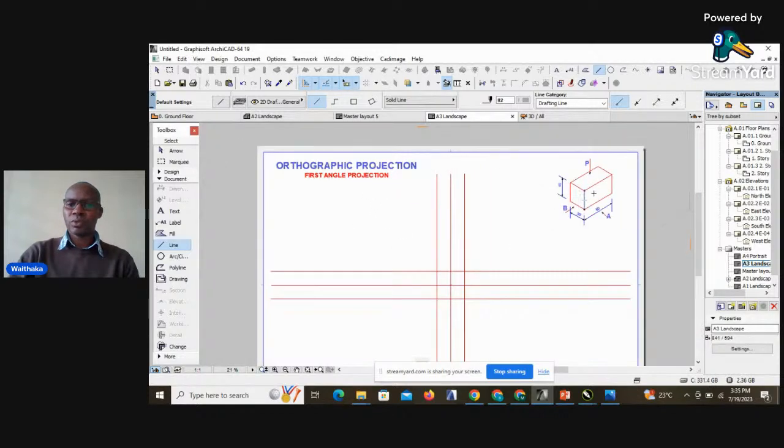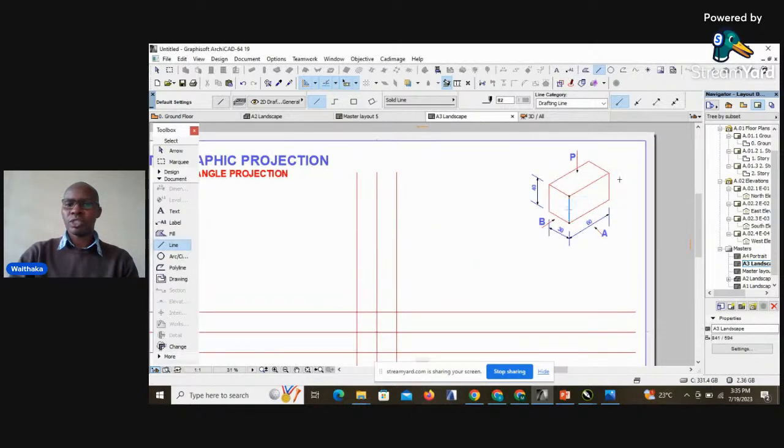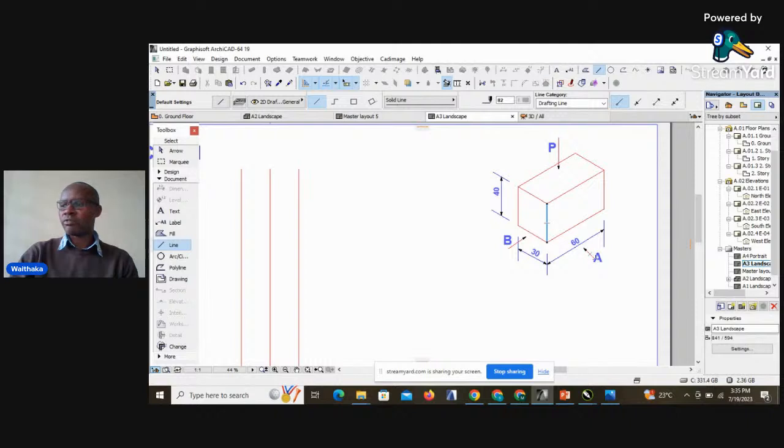And therefore we will basically discuss this simple block, and we see how the views are projected when we talk of the front view from A, then side view from B, and of course plan from above.